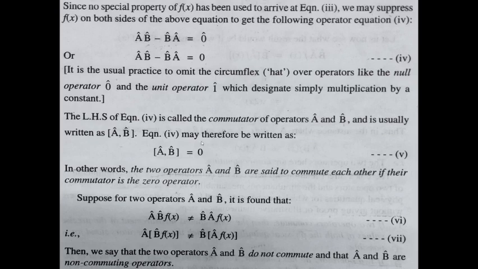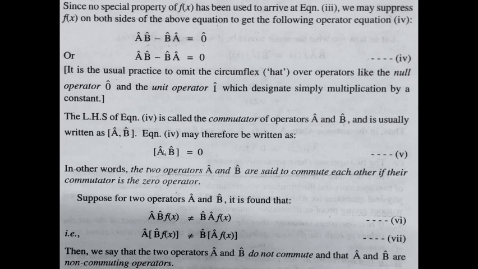And then equation 4 we can write as [A operator, B operator] equal to 0. This equation is satisfied only when these two operators are commuting with each other, or these two operators are interchangeable. In other words, the two operators A and B are said to commute with each other if their commutator is the zero operator.